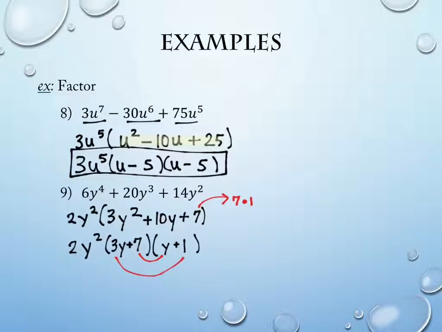What do I get in the middle? 7y. What do I get on the outside? 3y. Will that give me the negative 10y in the middle I want? Yes, it will. They're added, remember? 7 plus 3 is going to give me the 10. So this would be my completely factored form of that polynomial.